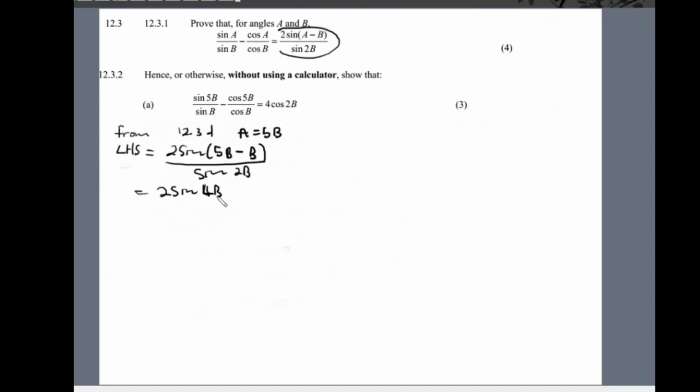We will have 2 sine 4B divided by sine 2B. And then sine 4B we can rewrite as saying sine 2 times 2B, right? 2 times 2B is just 4B, right? Divided by sine 2B.